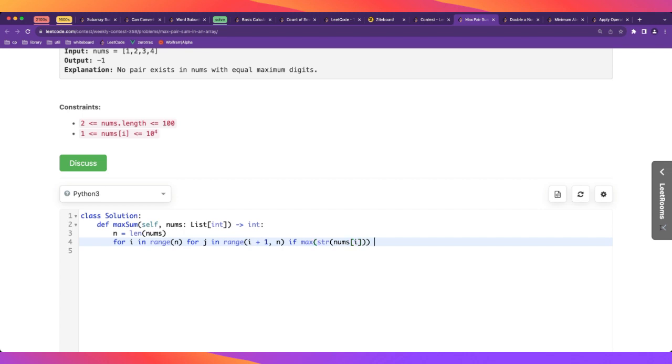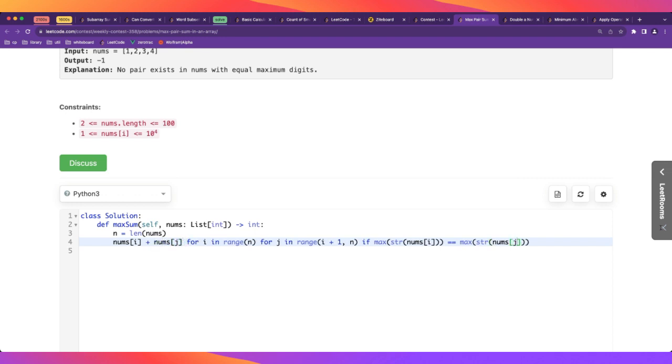And why does that work? When we convert to strings, we are dealing with strings of one character, and the order of the characters is the same as the numeric order, and that's why we can use the max function. And here, if they satisfy the condition, we want to consider the sum.